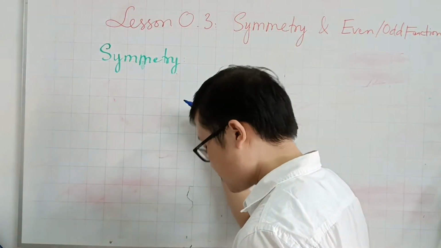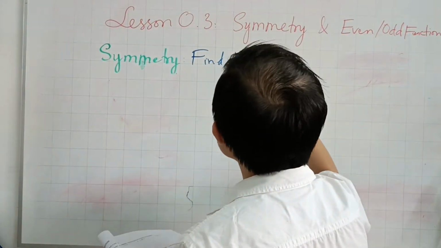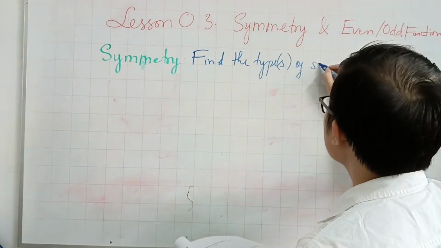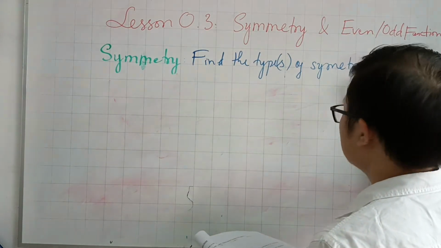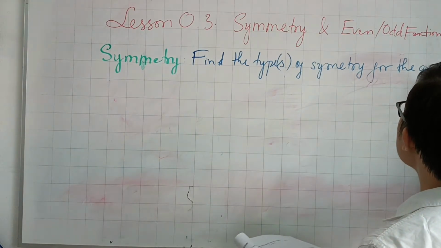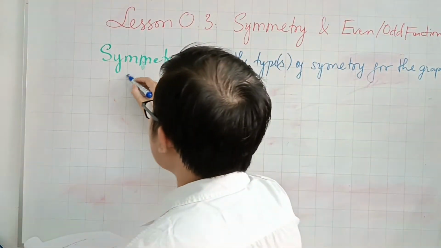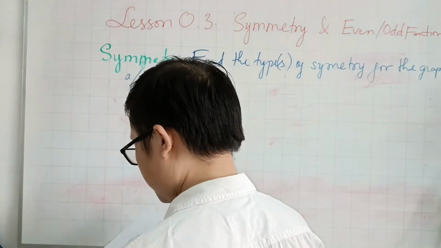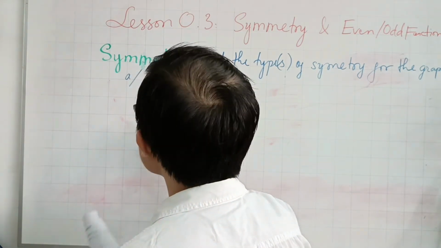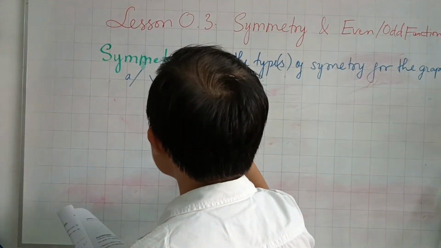Find the type of symmetry for the graph. A, y equals x squared minus x.